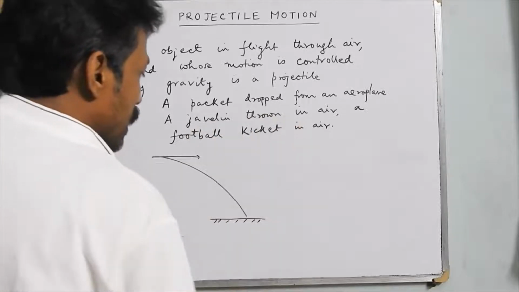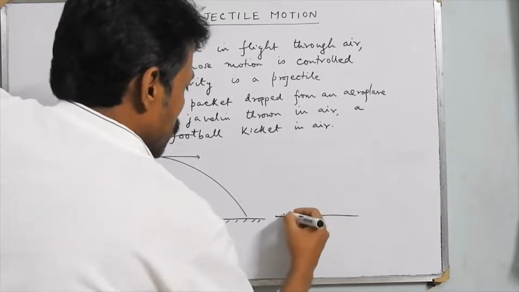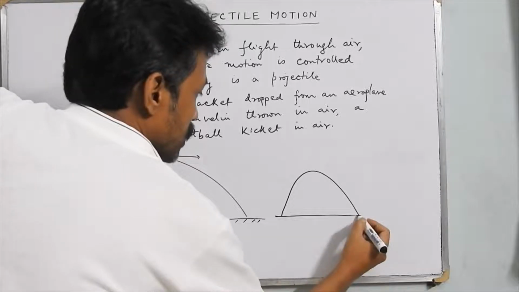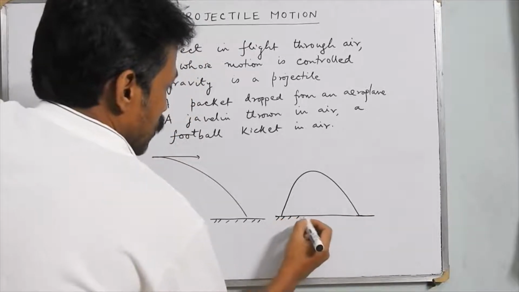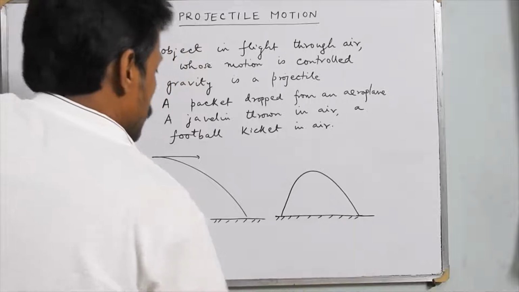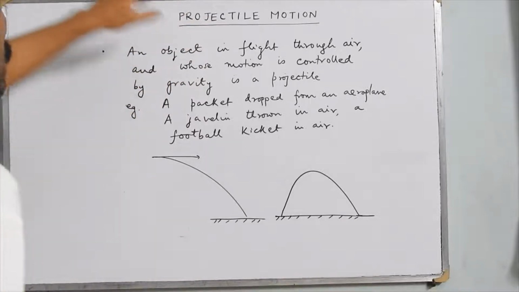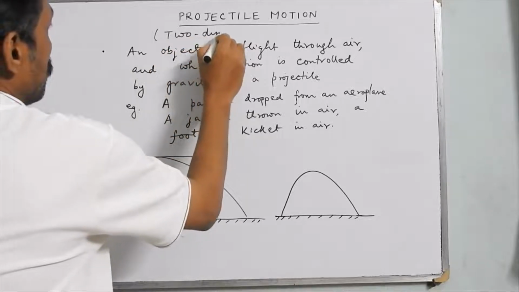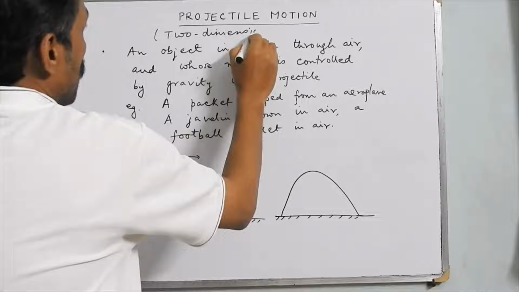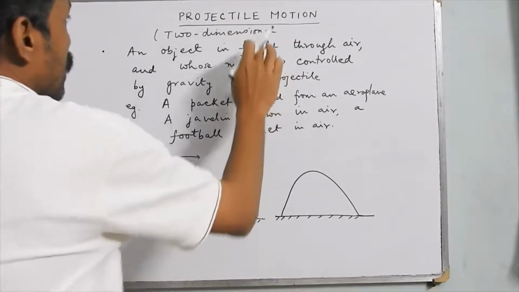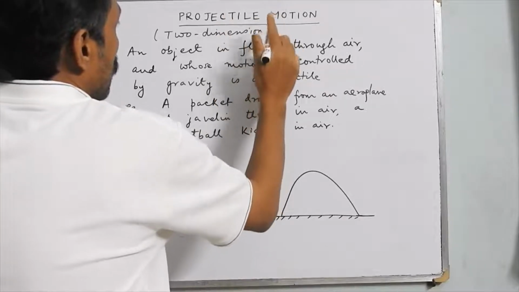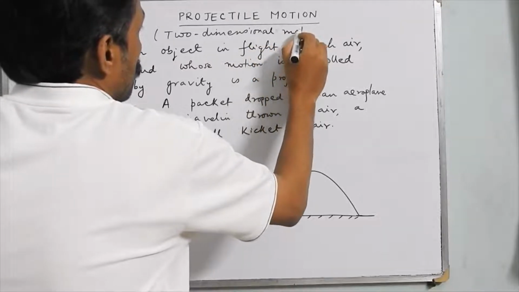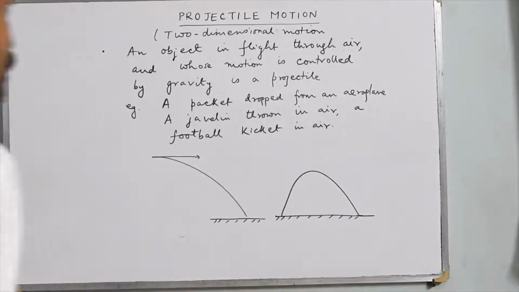A javelin which is thrown in air or a football which has been kicked in air might follow this type of path, and that also is the path of a projectile. So we'll analyze the motion of the projectile as a two-dimensional motion, and we will analyze the two-dimensional motion as two different one-dimensional motions along two different directions.